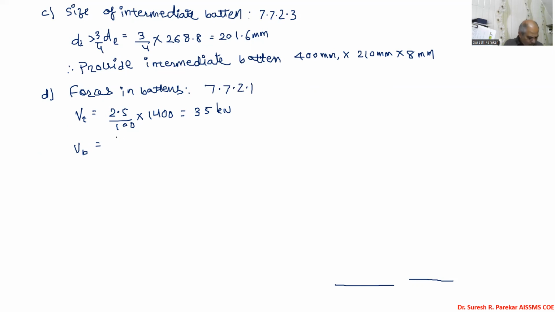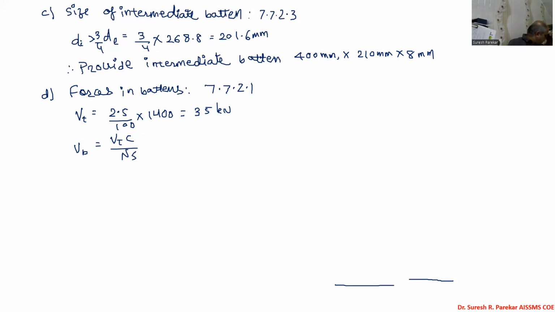And VB, that is the resisting shear, we have as VT C upon N S.